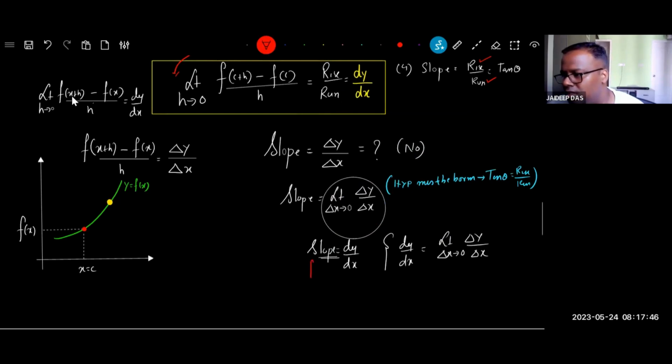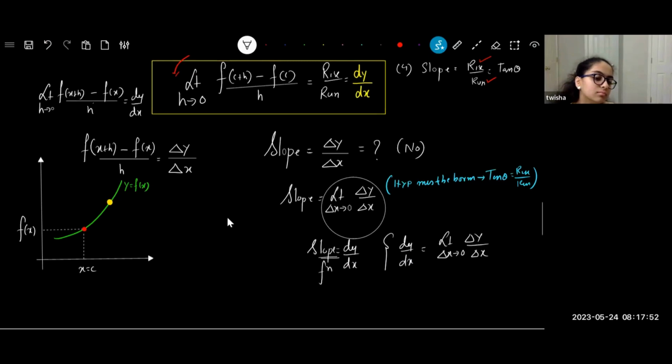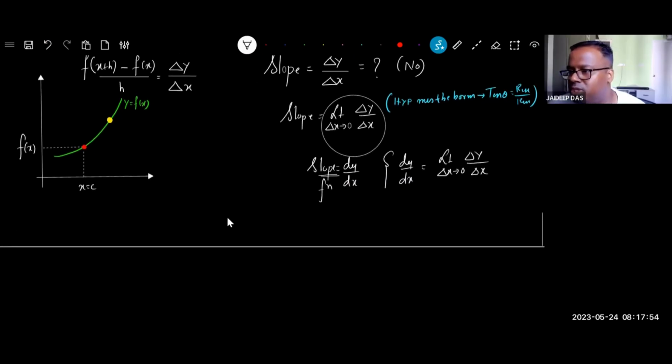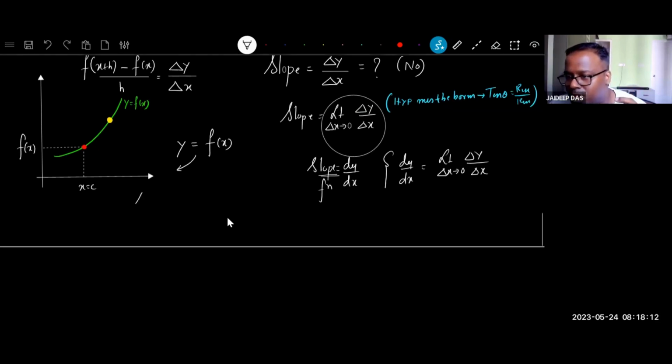This is the slope function, not the slope. So I would reword it: given a function y equal to f of x, if I want to find its slope at a particular point, before that I would find the universal spanner. The universal spanner would be called the gradient function.